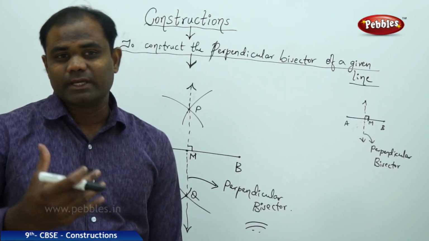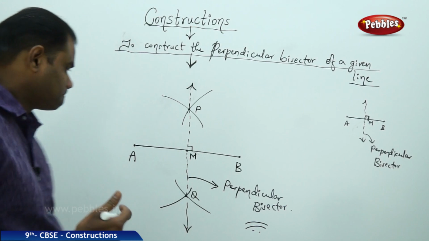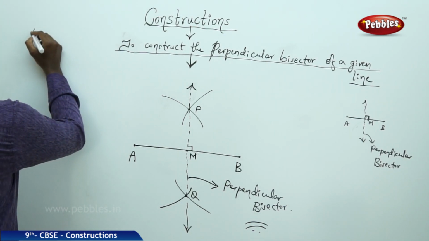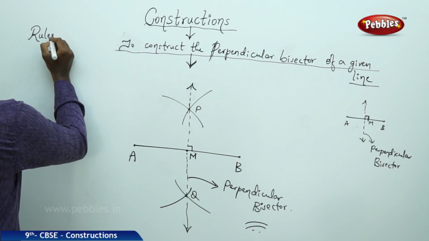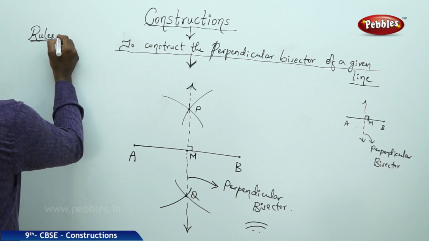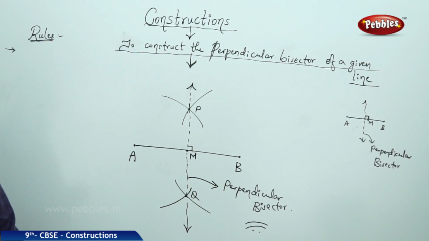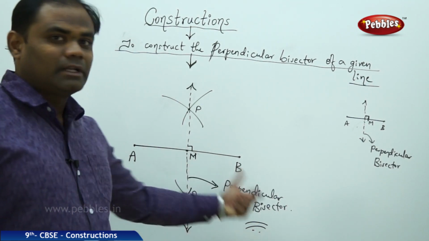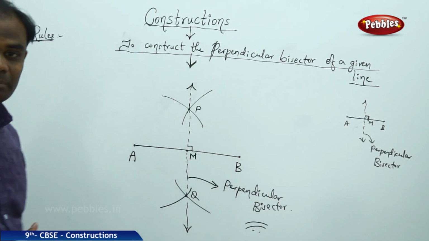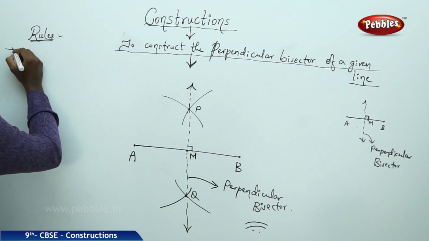Let's see the rules in a step-by-step process. The first rule is: for the given line segment AB, we take the compass with radius more than half.